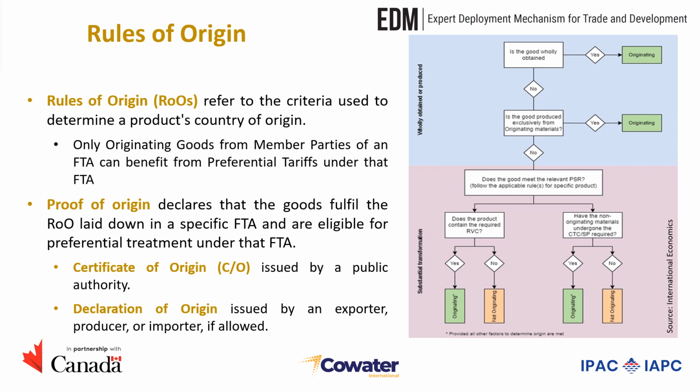Proof of origin can be a certificate of origin, which is issued by a public authority, or a declaration of origin, which is issued by an exporter, producer, or importer, as the case may be, if this has been agreed and allowed under an FTA and has been provided for under the domestic regulation in a country.